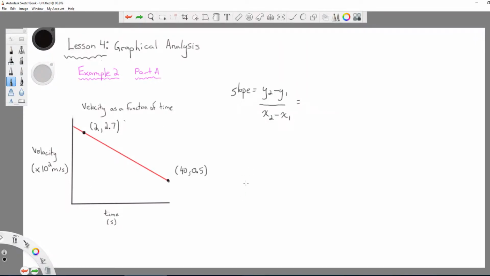Okay, so we're going to use this as our y2, so 0.5. 0.5 minus 2.7, divided by 40 minus 2. This works out to negative 2.2 divided by 38.